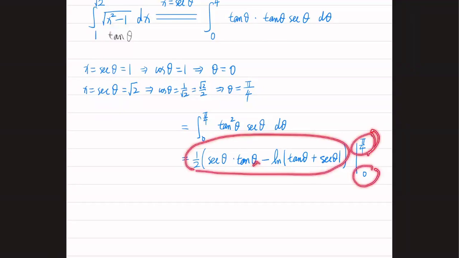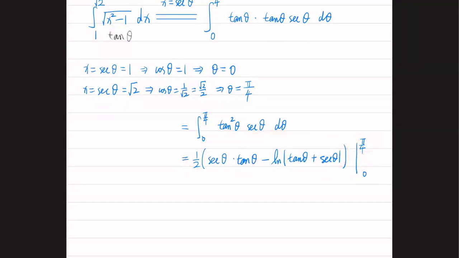At pi over 4, this is square root of 2, 1. Subtract at 0, this will be 0.